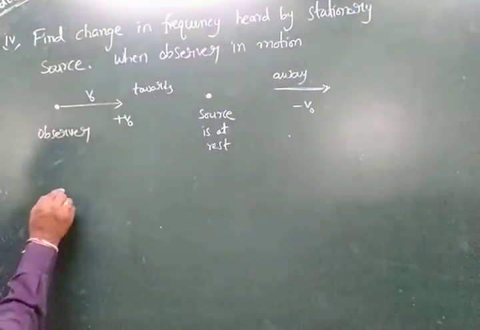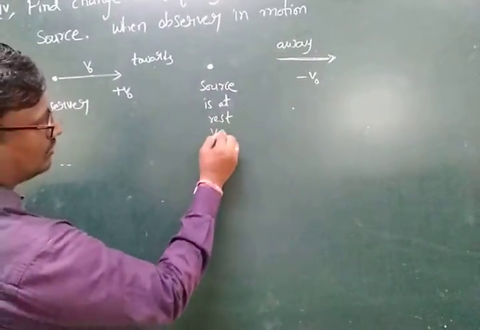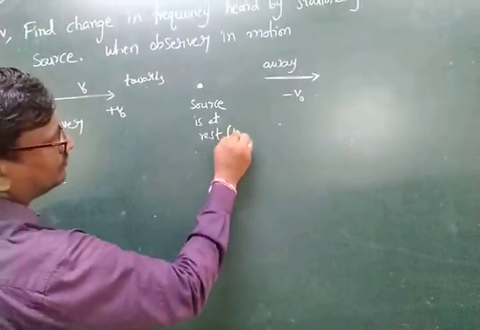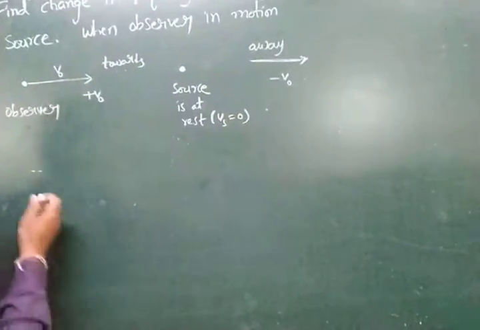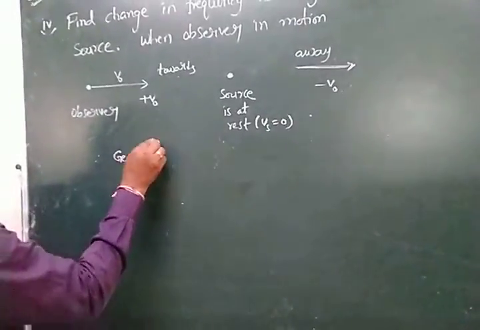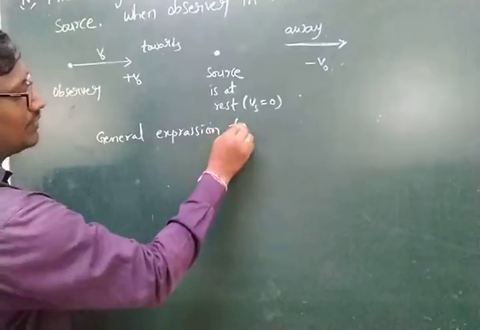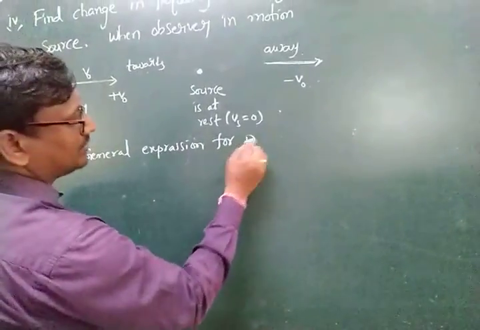Here the Vs is equal to 0. Therefore, the general expression for Doppler effect.